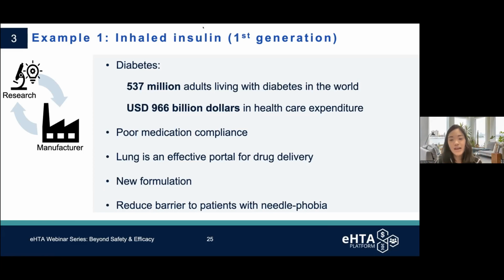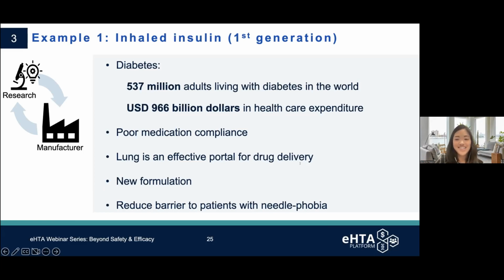However, diabetes is still a major public health issue. For example, last year it was estimated that more than 500 million adults were living with diabetes worldwide, and the disease cost more than $900 billion in healthcare expenditure. And some of the issues with diabetes is that there's quite a lot of poor medication compliance.